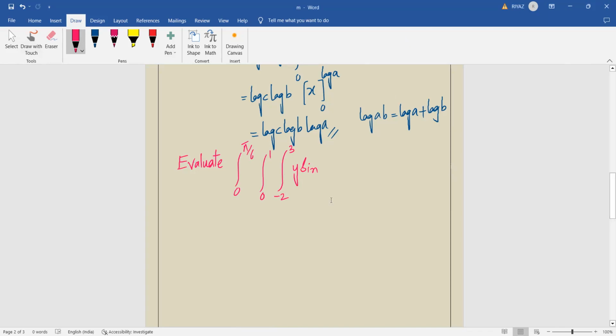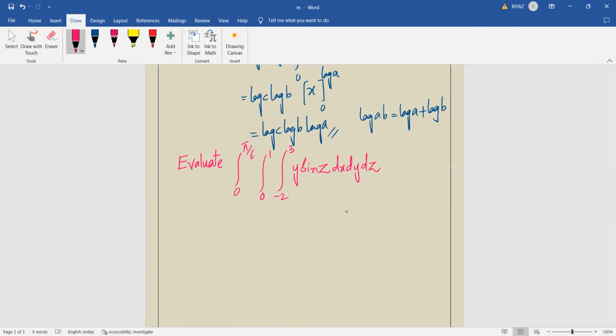This is sine z, y sine z, dx, dy, and dz. Now see, once again, all the limits are constant limits.